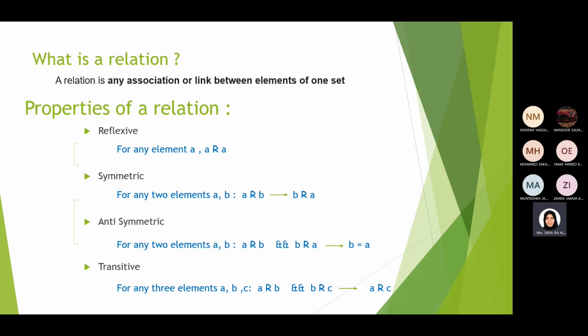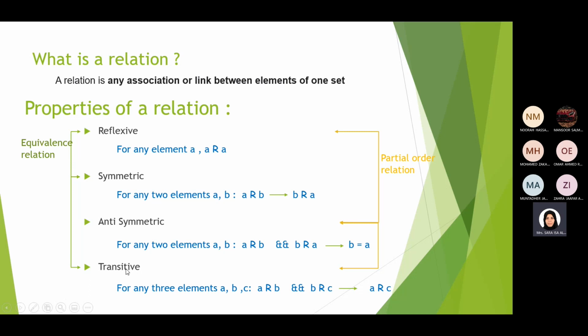If the relation is reflexive, symmetric, transitive, we call it equivalence relation. If the relation is reflexive, antisymmetric, and transitive, معناته it is a partial order relation. So to decide that a given relation is an equivalence, you have to check these three properties.